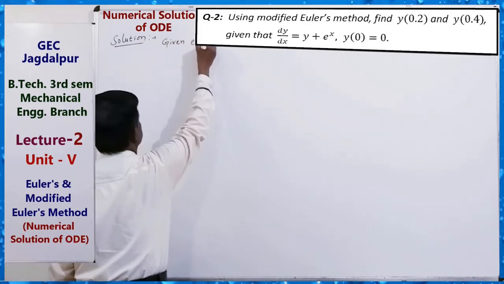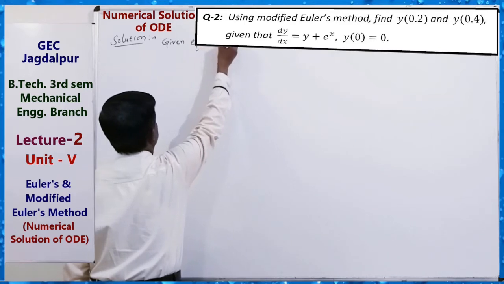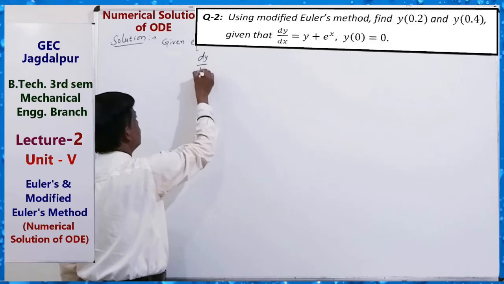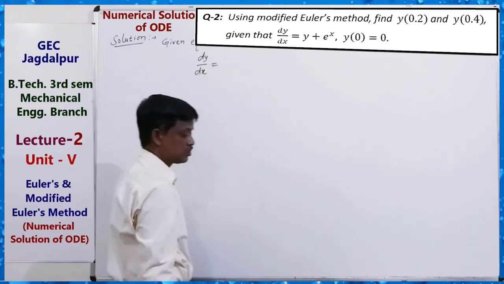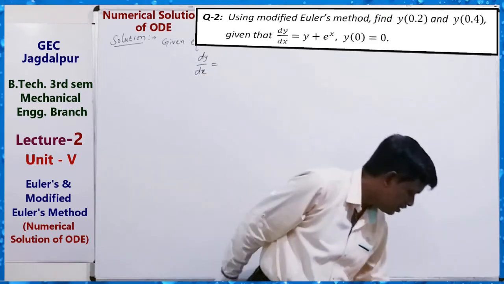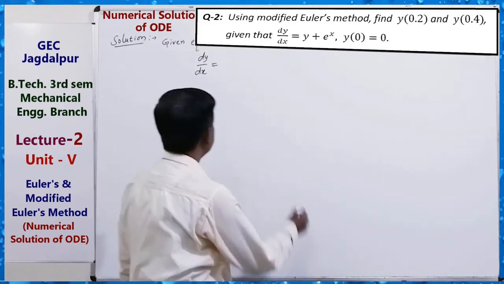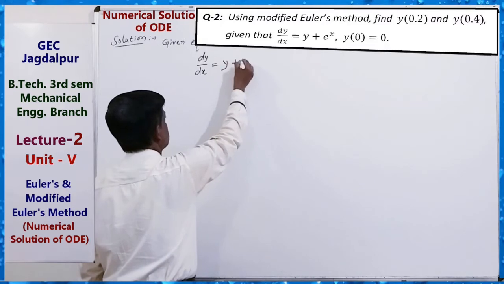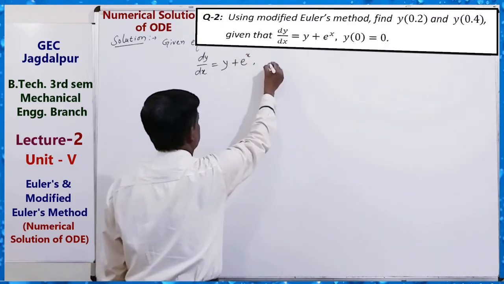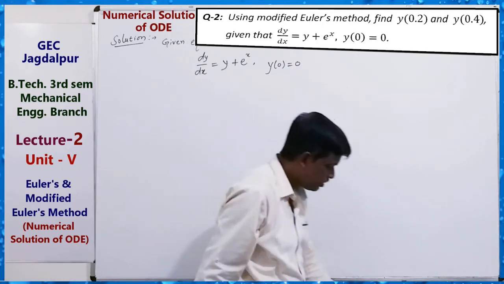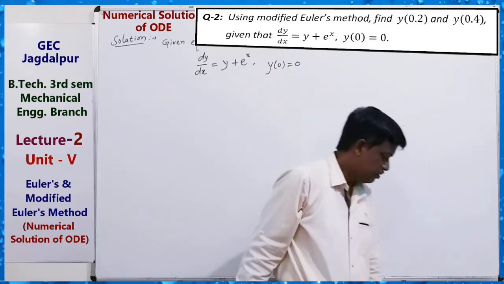The given equation is dy/dx equals y plus e to the power x, and here y(0) equals 0.